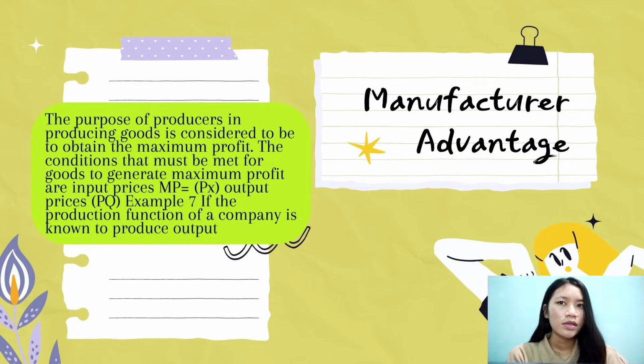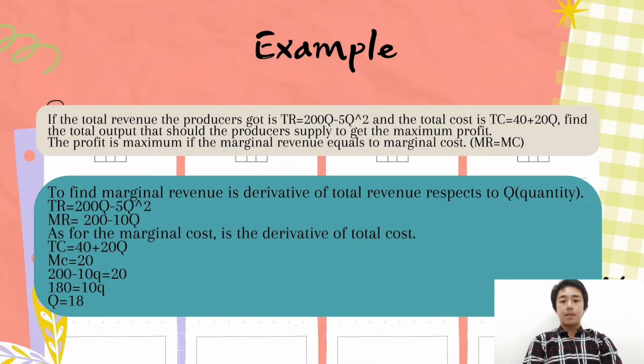Example 7: if the production function of the company is given to produce output. And the example is: if the total revenue the producer gets is TR equals 200Q minus 5Q square, and the total cost is TC equals 40 plus 20Q, find the total output that the producer should supply to get the maximum profit.